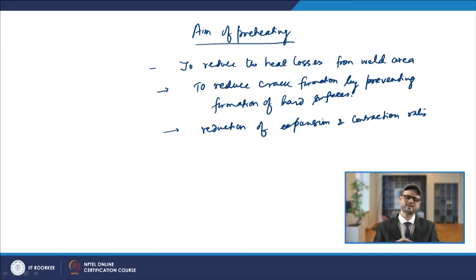Next, another important objective of preheating is that many times the surfaces in the welding zone may have moisture, grease or some material containing moisture. If you weld, there is a likelihood of entrapment of that grease or moisture.